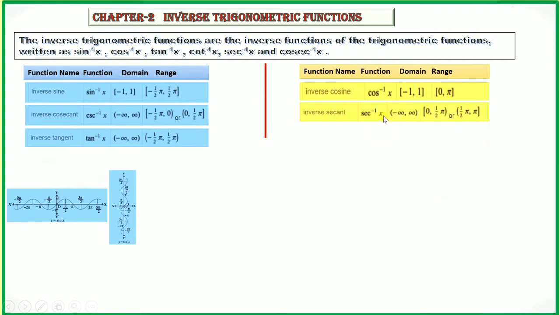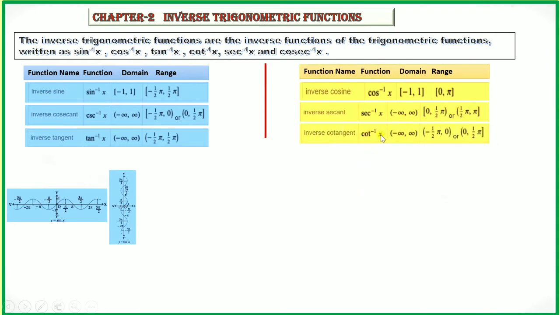Next is sec inverse x, domain -infinite to plus infinite, range 0 to pi/2 or pi/2 to pi. Like in cosec inverse x, here also this pi/2 and this pi/2 are kept open. Why? Because at cos 90 we get 0 and sec 90 is undefined. Because of that undefined value, we have kept it in open interval.